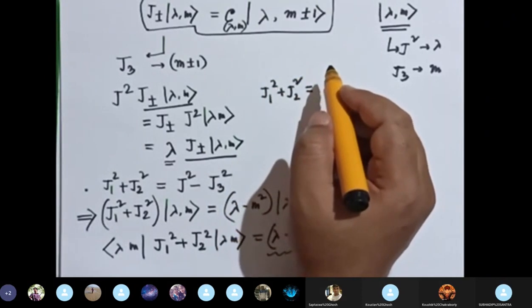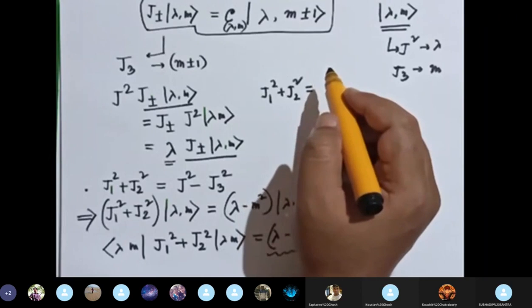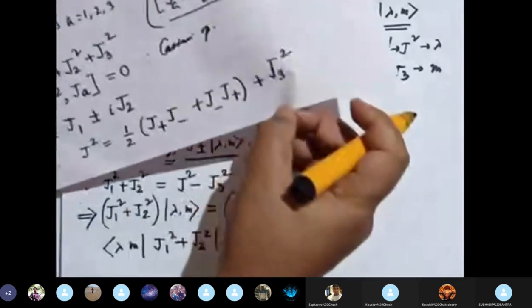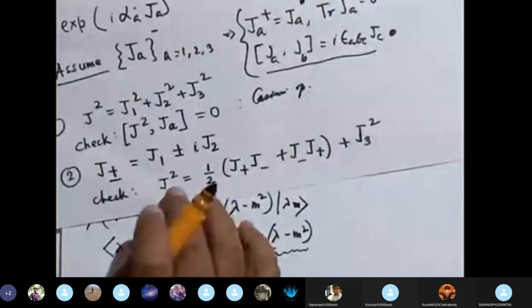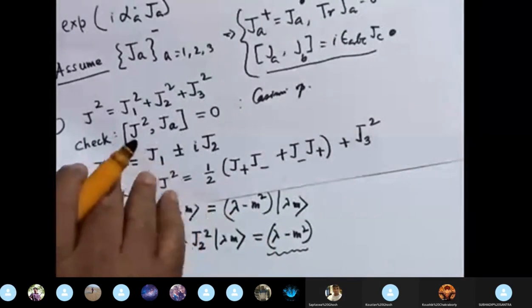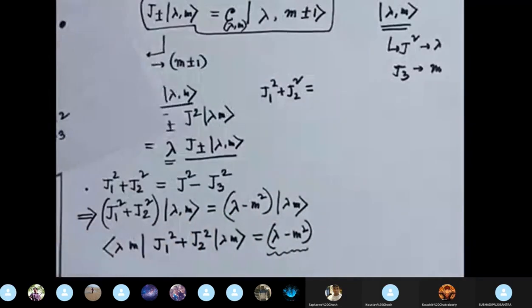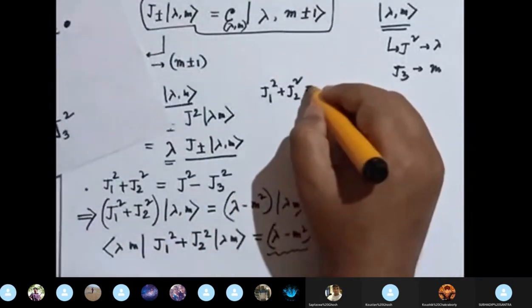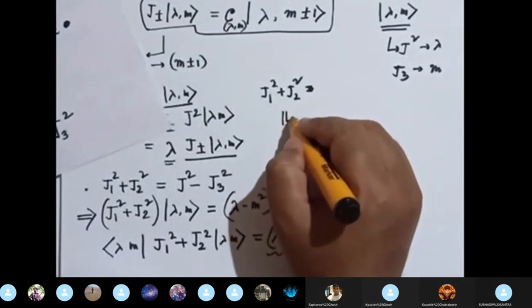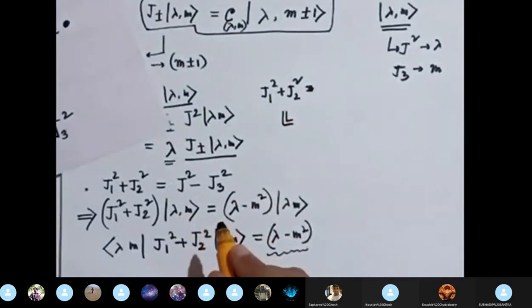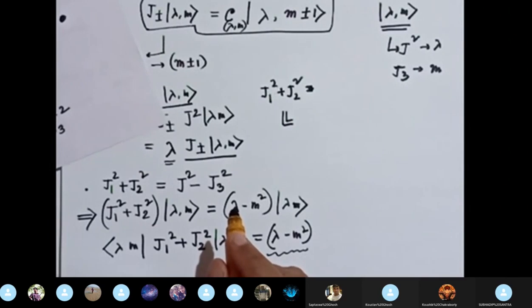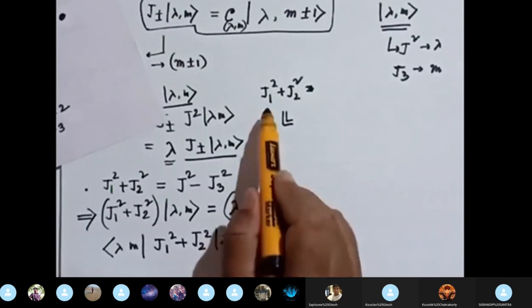Can we say that J1 square plus J2 square is a positive definite operator? So their expectation value between two states is always positive, but then not commuting.